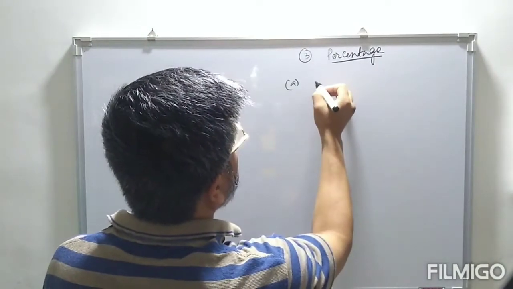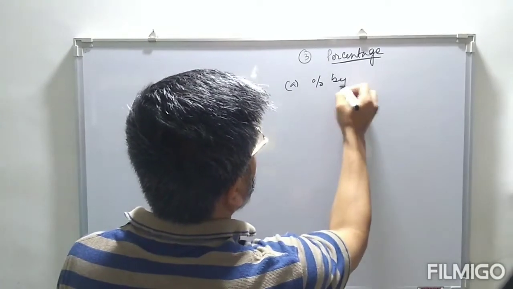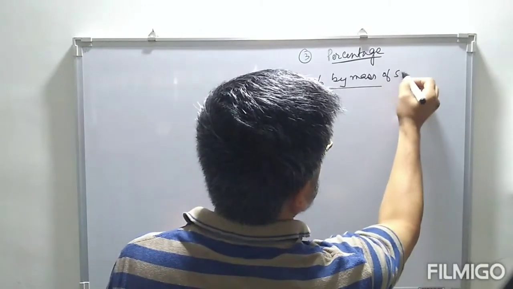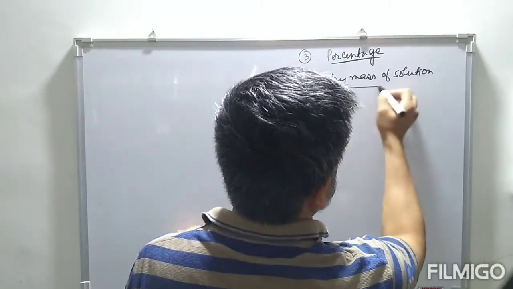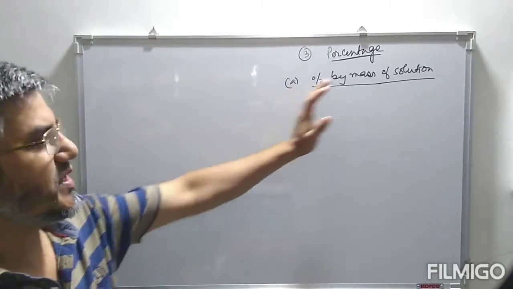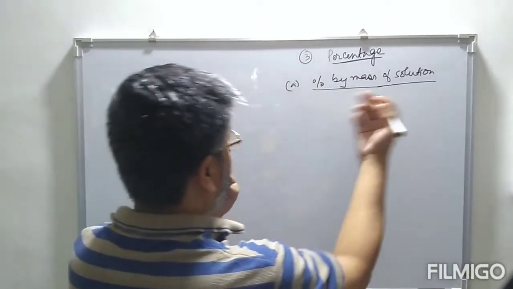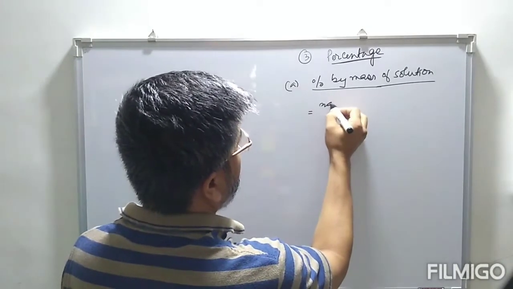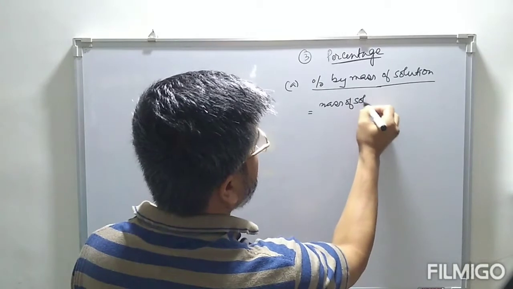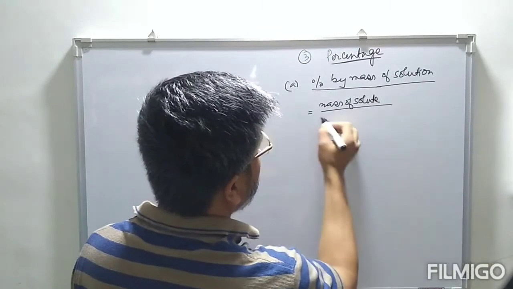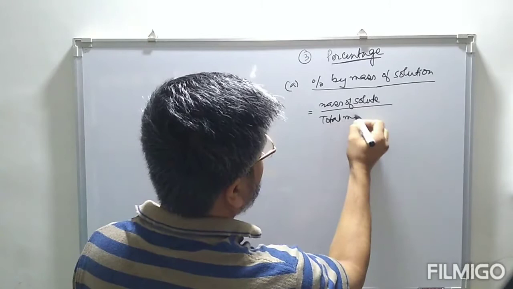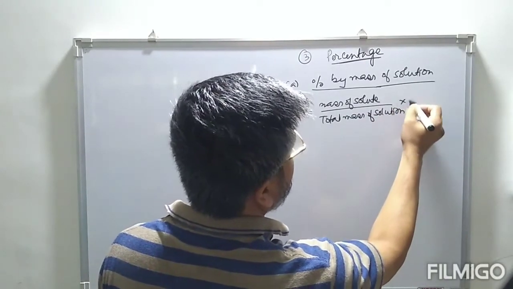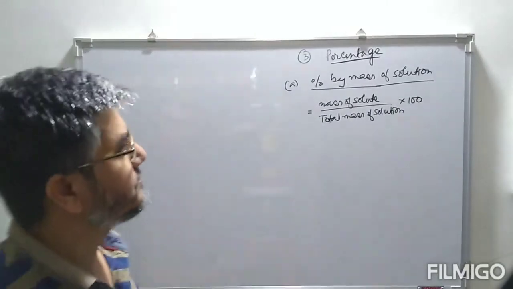First one is percentage by mass of solution. So percentage by mass of solution is defined as mass of solute divided by total mass of solution multiplied by 100.